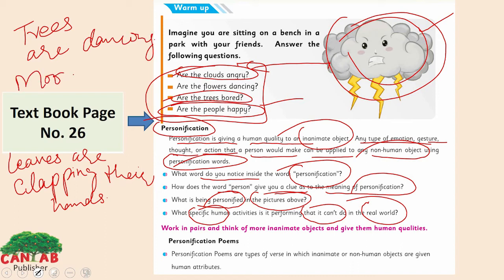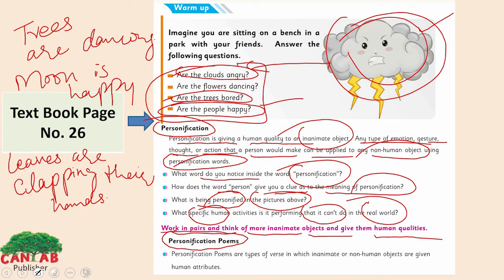Moon is happy. So what you need to do here, work in pairs and think of more inanimate objects and give them human qualities. We use personifications in poems. Personification poems are types of words in which inanimate or non-human objects are given human attributes, like these examples here.